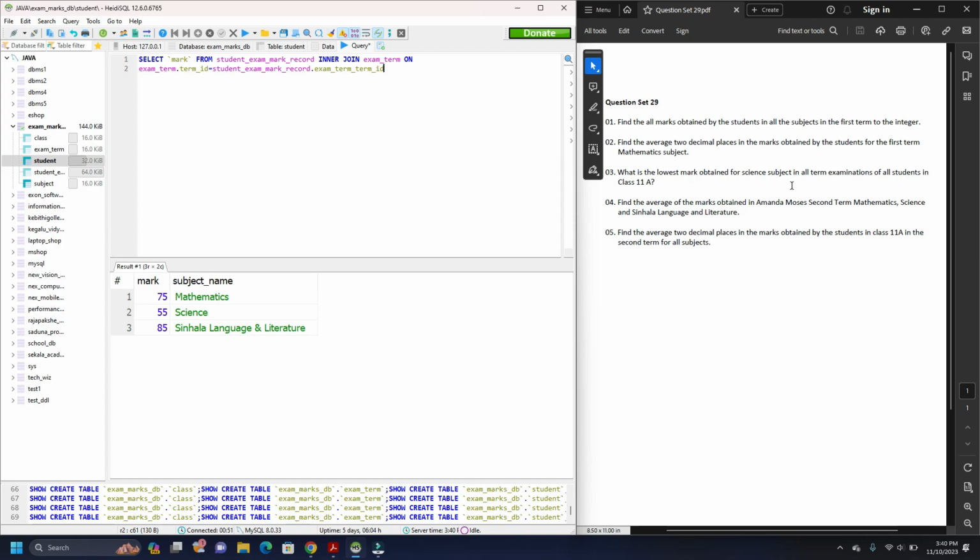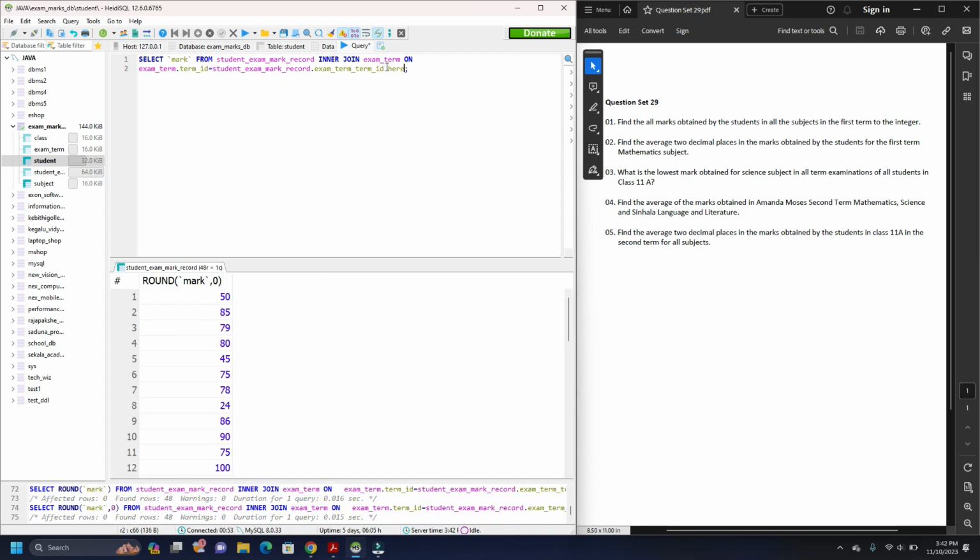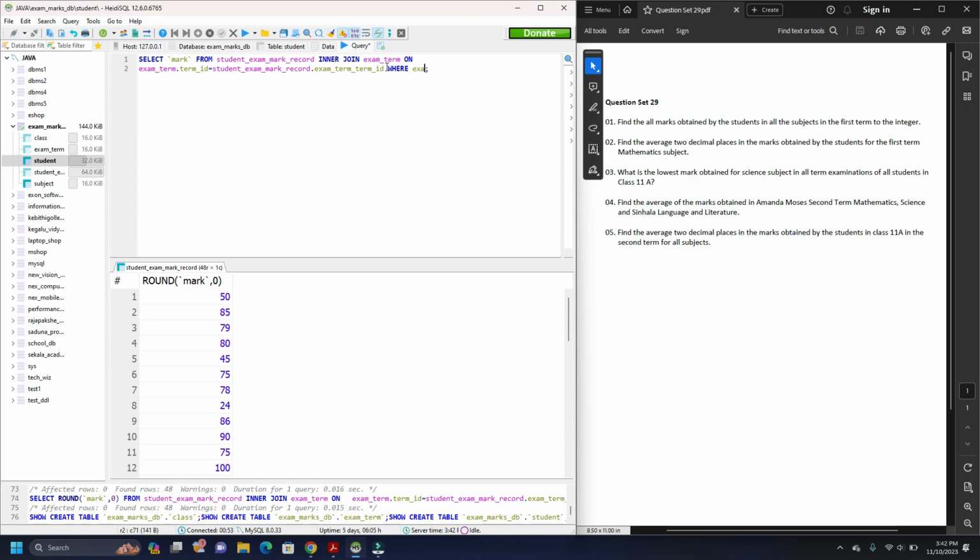And you have to write the condition where exam term dot term name equals to first term.